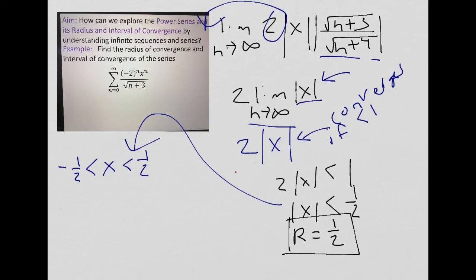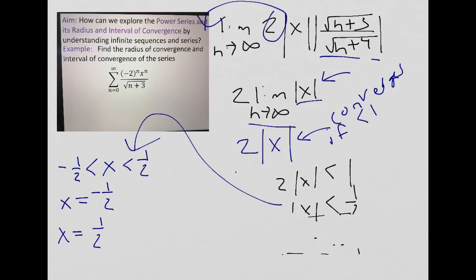So that's what they were saying before about the endpoints. You must test for the endpoints of this interval. So what we're going to do is check when x is -1/2 and when x is 1/2 in your series.